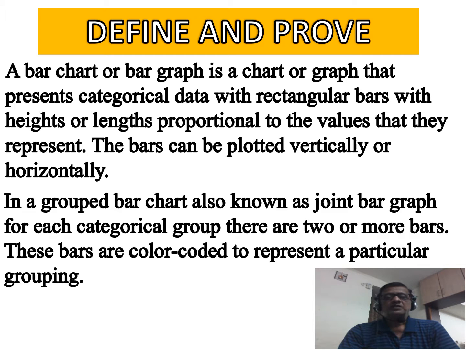In a grouped bar chart, also known as joint bar graph, for each categorical group there are two or more bars. These bars are color coded to represent a particular grouping. You may feel that this definition is slightly difficult. Now we take an actual problem and solve that problem to draw a joint bar graph.